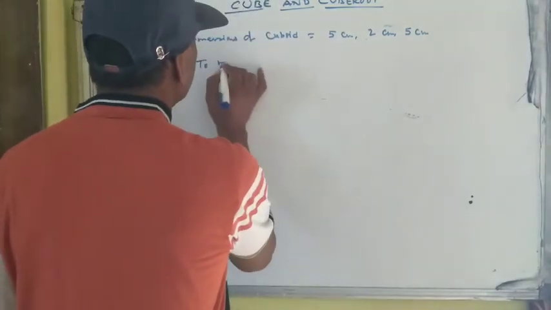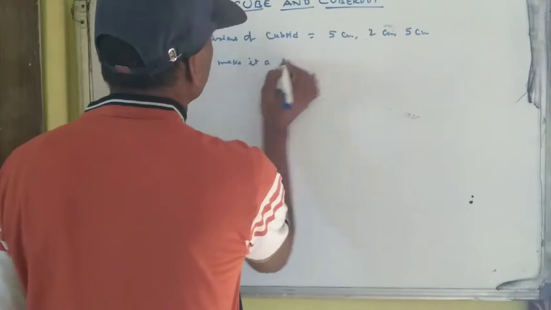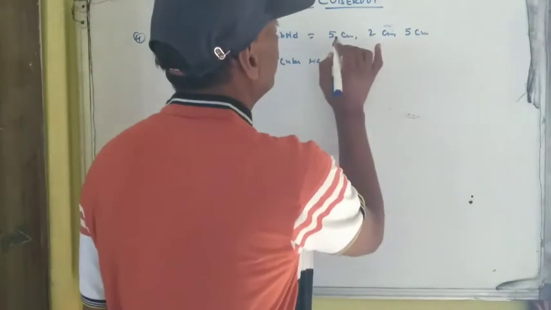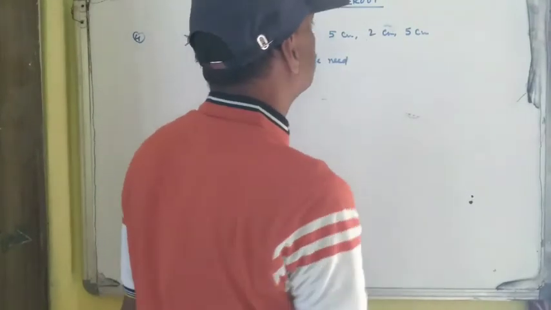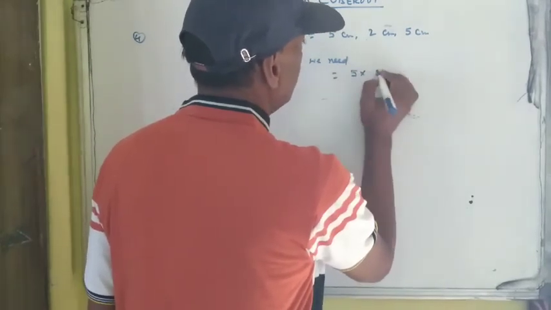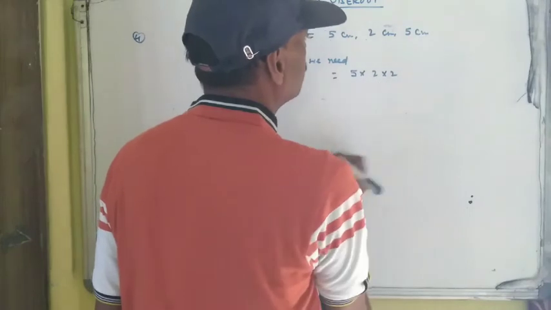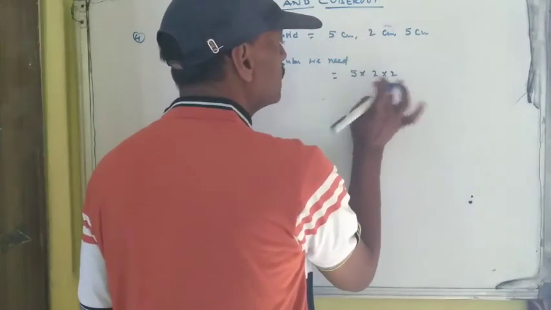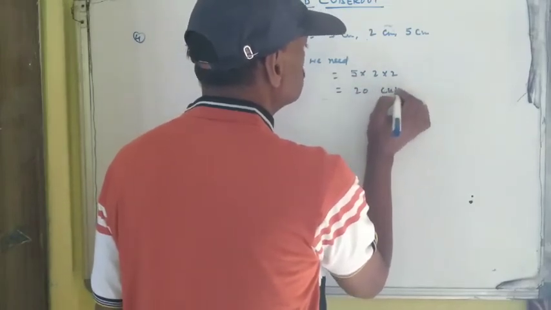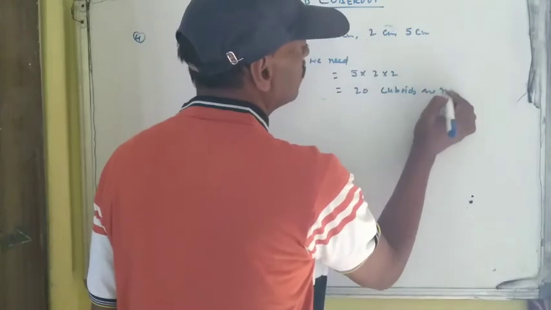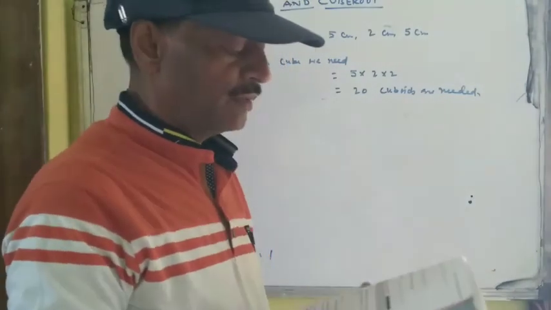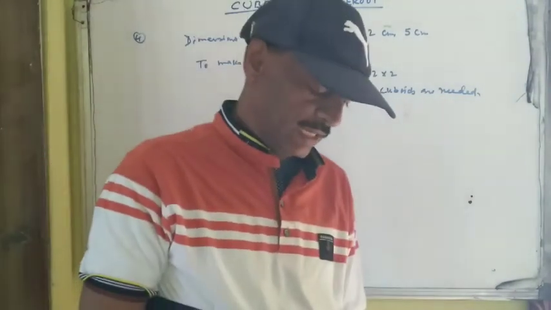So to make it a cube, we need 5 three times and 2 also three times. So what is lacking? One 5 is needed and two extra 2s are needed, because 2 is there once, so two more 2s are needed and one 5. So 5 times 2 is 10, 2 times 10 is 20. 20 cuboids are needed.